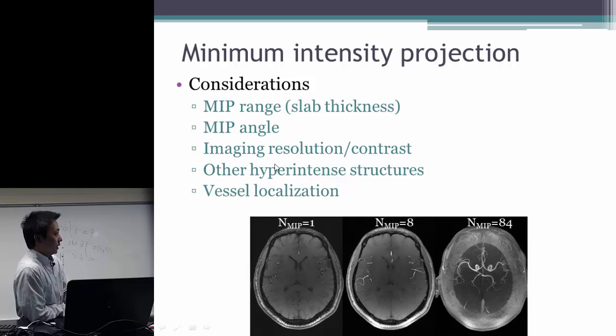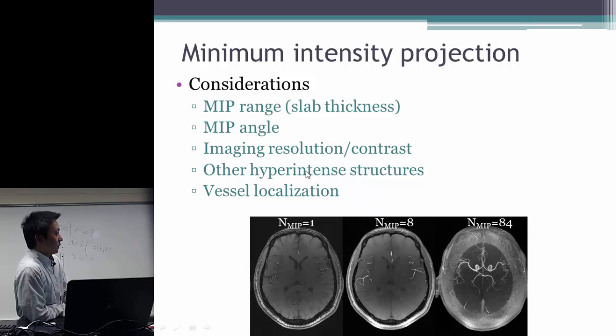We also need to take into consideration the imaging resolution and image contrast. We'll be talking about MRA in the next class. For MR angiography, we need to choose the best imaging resolution and obtain the best image contrast in an acceptable imaging time.